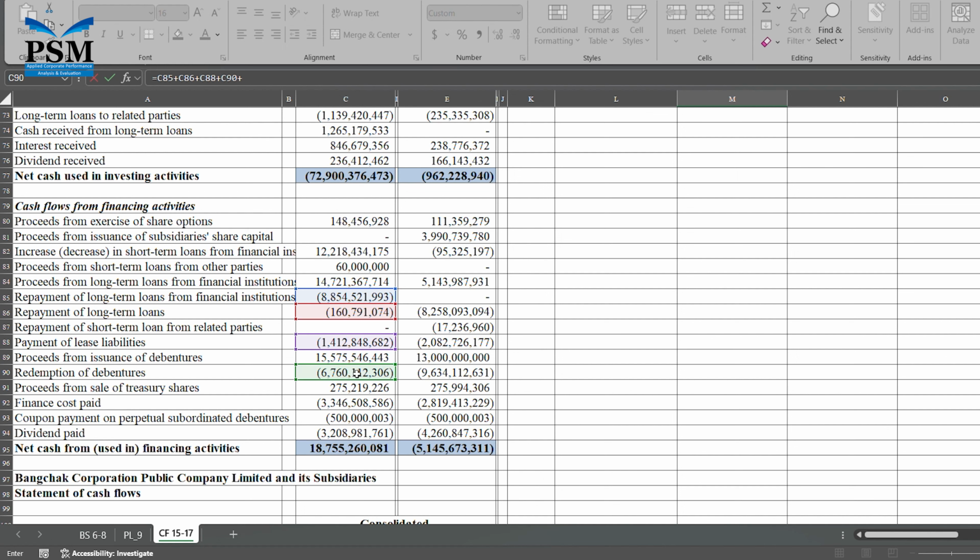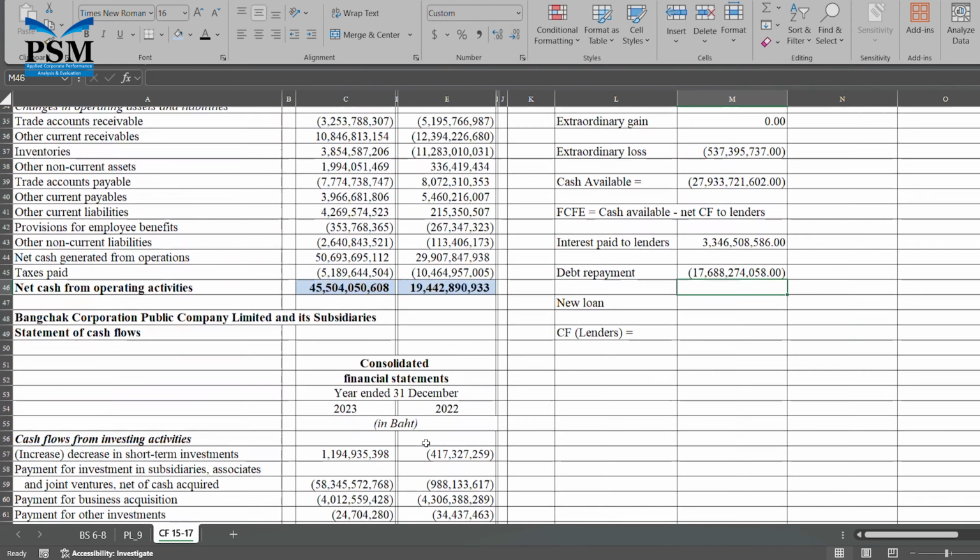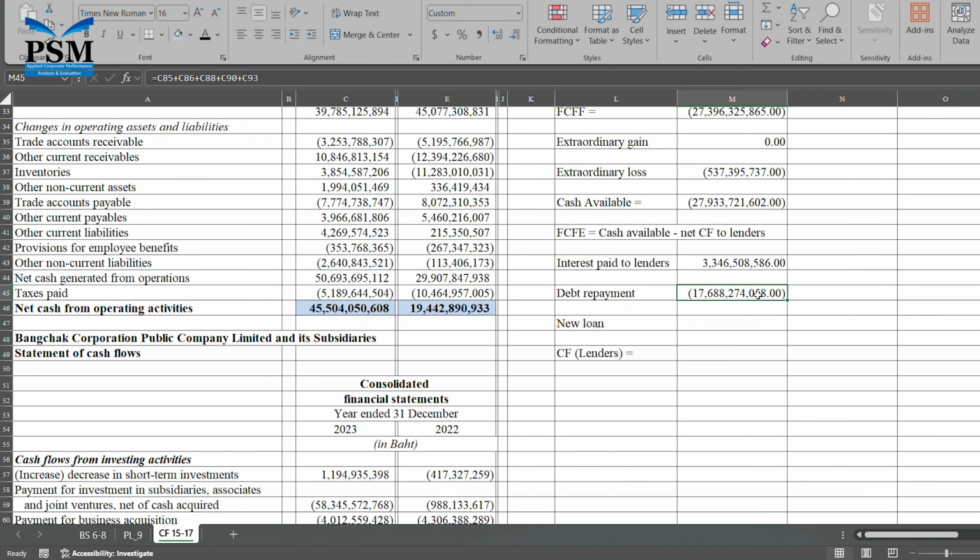These are all negative numbers which indicate debt repayment. The last item we have to add is coupon payment on subordinated debentures. These numbers are all negative. Since we are doing the calculation from the lender side, to change to positive, we have to multiply the total amount by -1. And the reason for changing the sign is, again, we are looking at things from the perspective of the lender. Now we come to any new loan taken from the lenders.